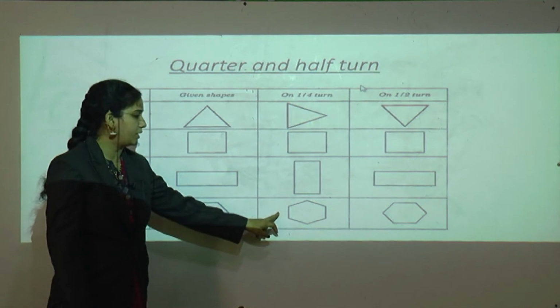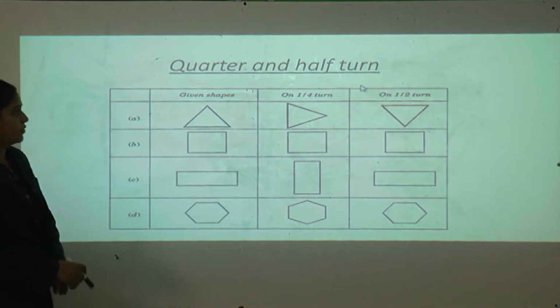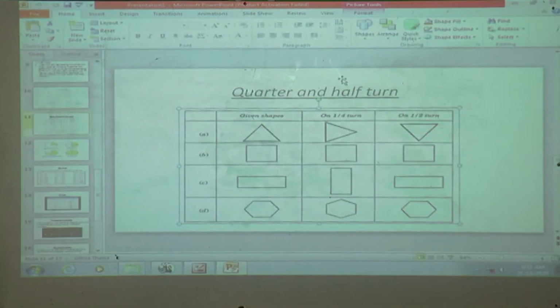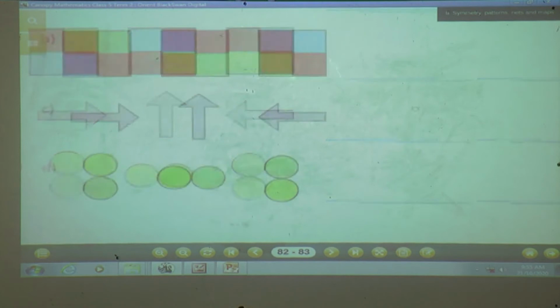So quarter turn of this figure will look like this, and for half turn the same. Okay. Now students, here exercise 6.2. Page number 82.